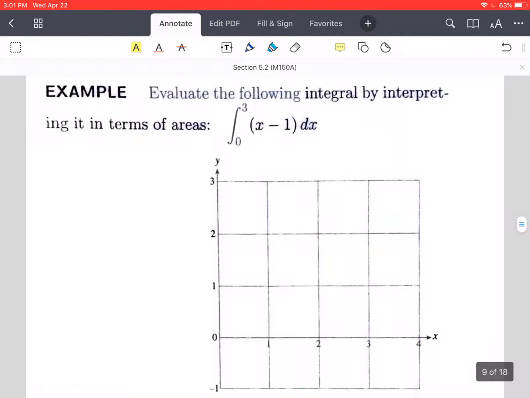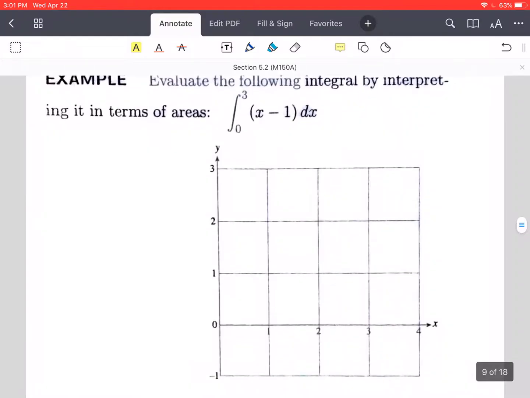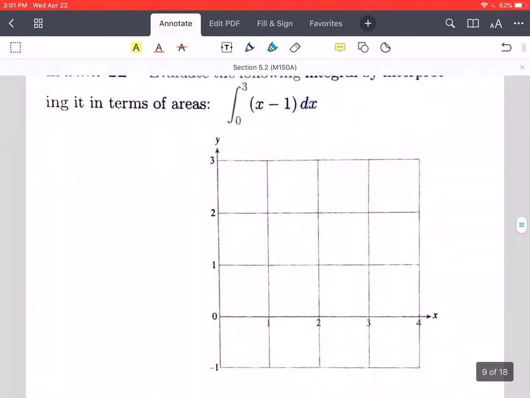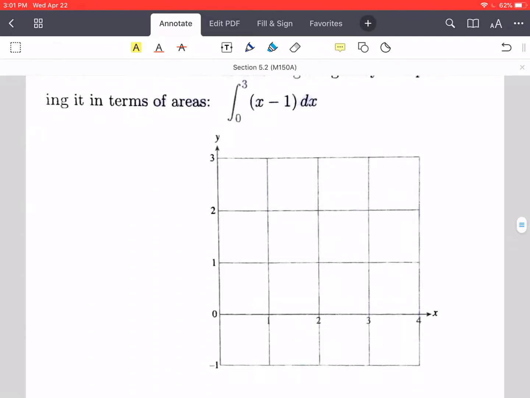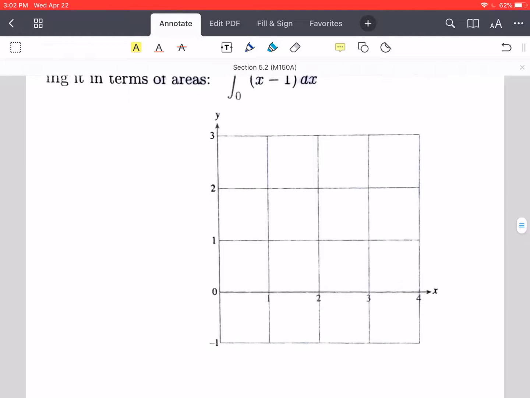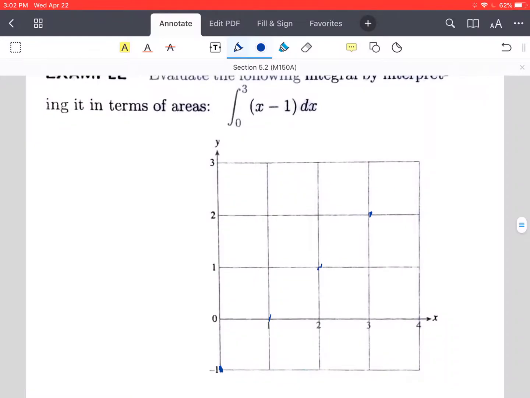Alright, let's look at this example. So evaluate this integral by interpreting in terms of areas. So we have the integral from 0 to 3 of the function x minus 1. So x minus 1 we can graph. This is a line. So x minus 1, we have a y-intercept down here at -1, and then it goes up 1 over 1 all the way, and then we're going up until 3, it says.